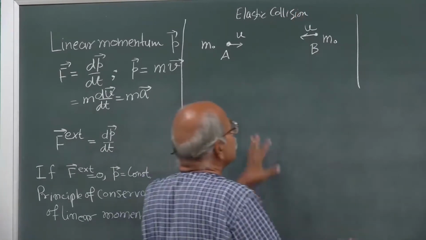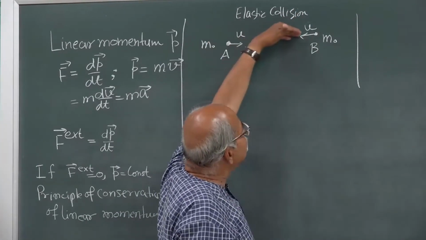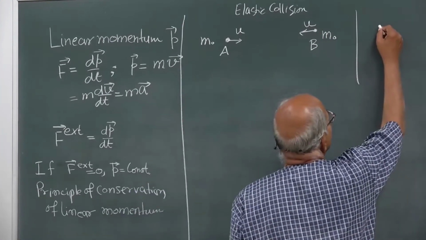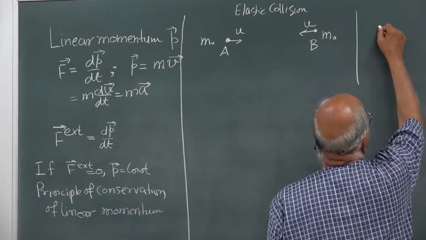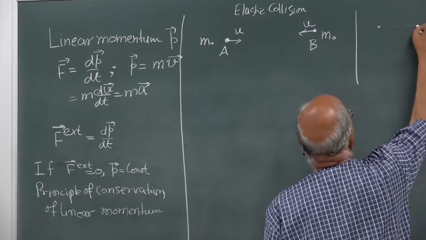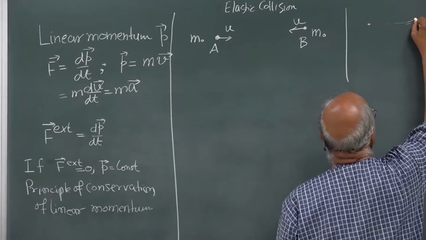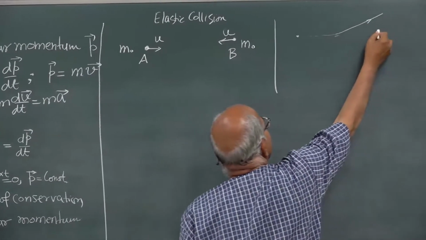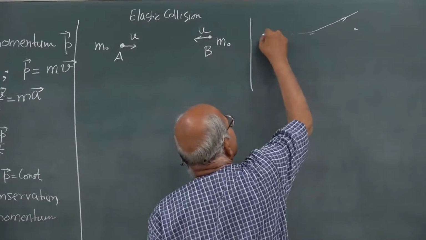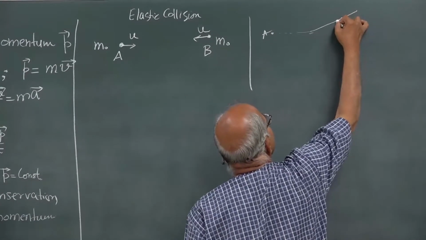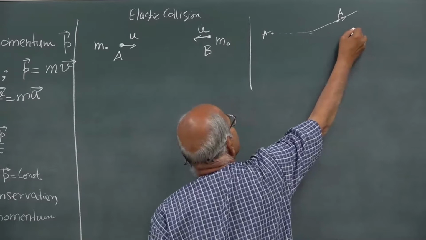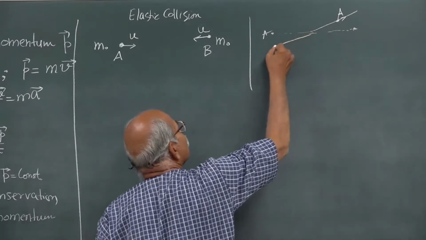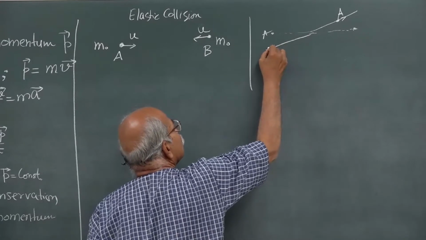After collision this particle deflects a little bit and this particle also deflects a little bit. So, after collision this particle has gone here, suppose somewhere here is the collision, and then it has picked up a small speed in y direction, and this particle A now is going this way, and this particle B which is coming, that also after collision picks up that small velocity and it goes this way.